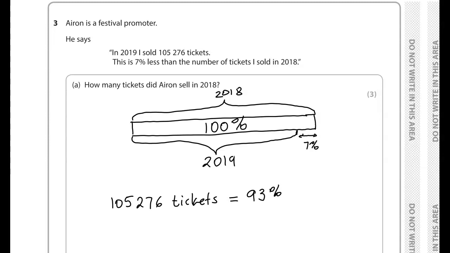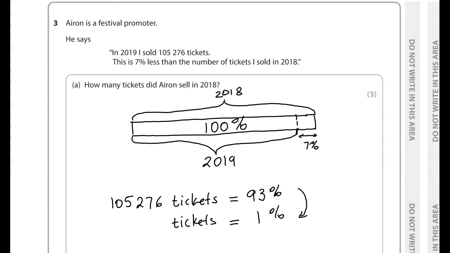So if we can figure out what 1% is worth, then we can multiply by 100 to get the 2018 number of tickets. So this is where we are at the moment. So we're looking to get 1%. How many tickets is that?